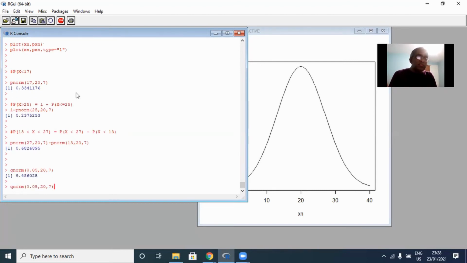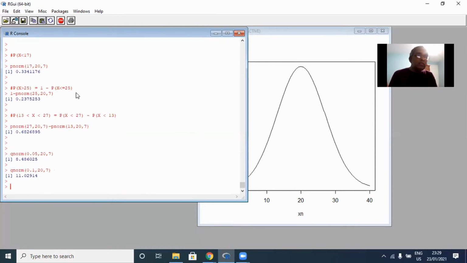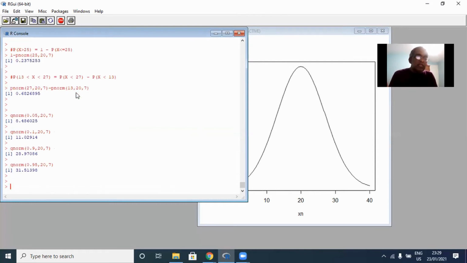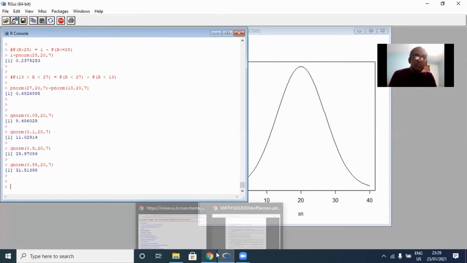To find the 10th percentile, you take the probability to be 0.1. And to find the 90th percentile, you take it to be 0.9. And to find the 95th percentile, you take it to be 0.95. All right, so that's part 2.